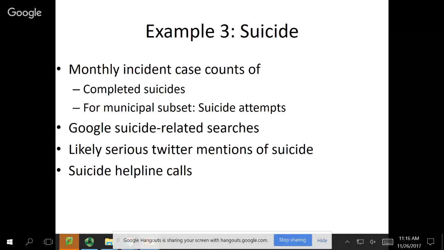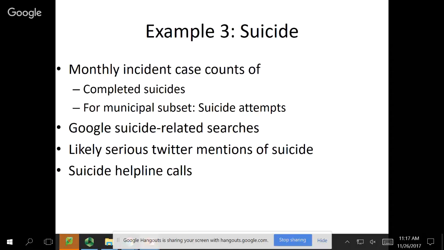Or for suicide, we might have monthly incident case counts of completed suicides, and through our municipal partners like the Saskatoon Police Service, we might have suicide attempts information, some count of those on a monthly basis. But we might also have suicide-related searches, or potentially suicide-related searches, on Google for our jurisdiction, Twitter mentions of suicide that are somewhat serious from our region, and helpline calls.